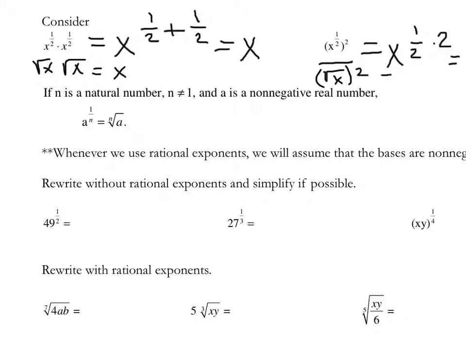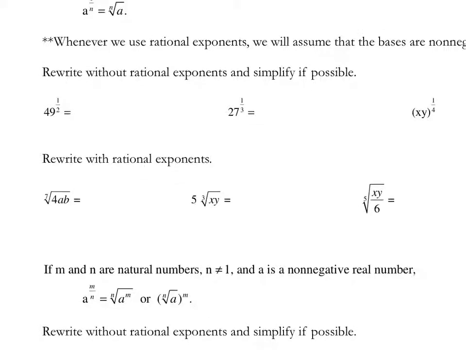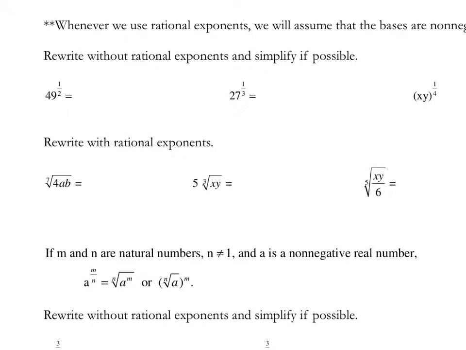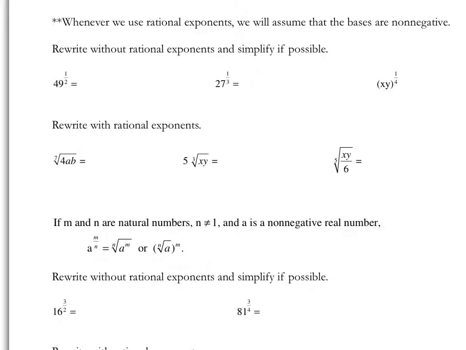So when we did that, of course, we got x. So fractional exponents mean roots. Whenever we use rational exponents, we will assume that the bases are non-negative, because if those bases are negative, that gets us into a whole problem we don't want to talk about.